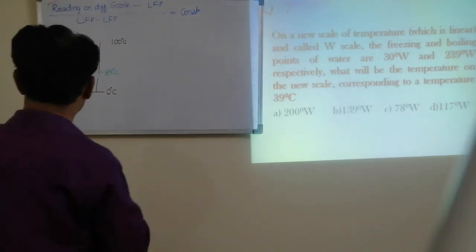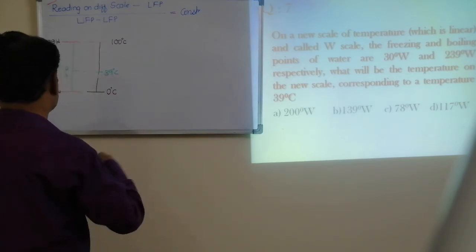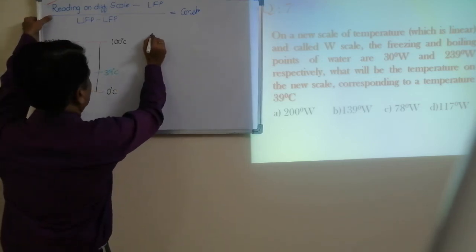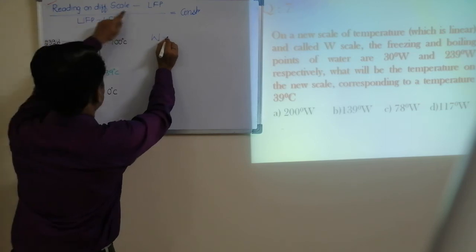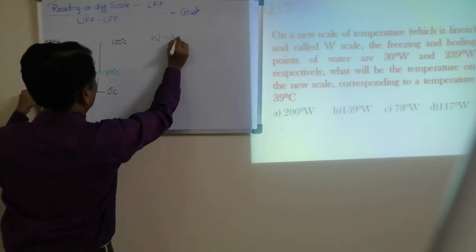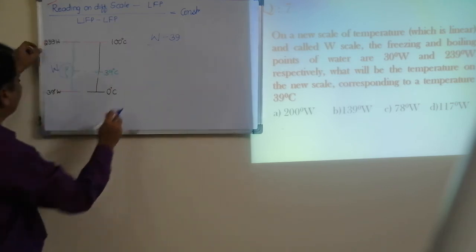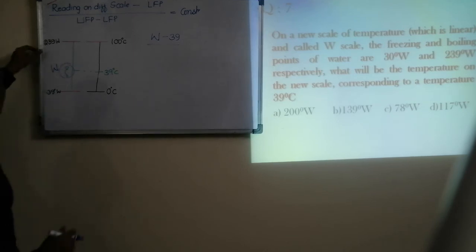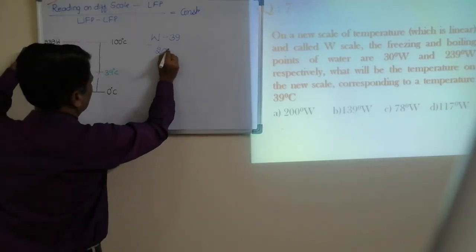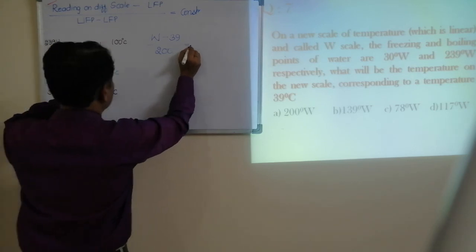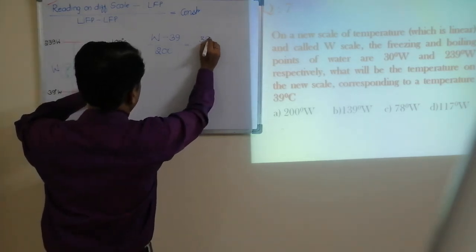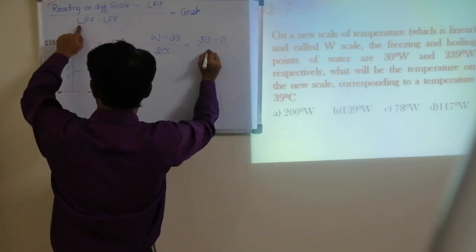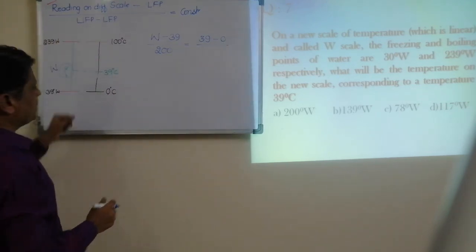See, first, the reading on different scales. Here the unknown scale reading I will take as W. W minus lower fixed point 39, divided by upper fixed 239 minus lower fixed 39, is equal to the reading on the degree Celsius scale, 39 minus lower fixed point 0, divided by upper fixed point 100 minus lower 0.